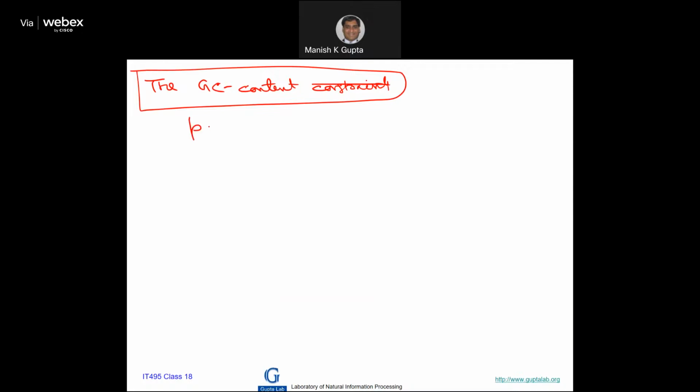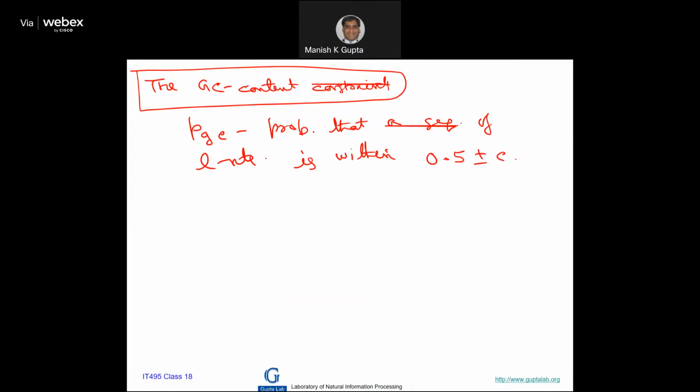So PGC is the probability that a sequence of L nucleotides is within 0.5 plus or minus CGC. So PGC is the probability that a sequence of L nucleotides is within this range.